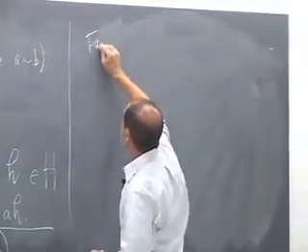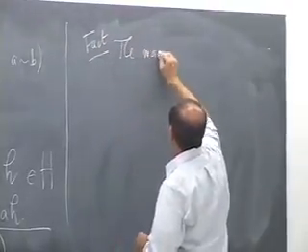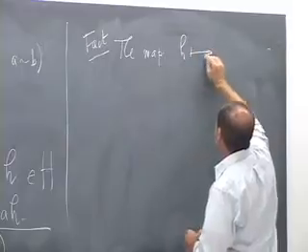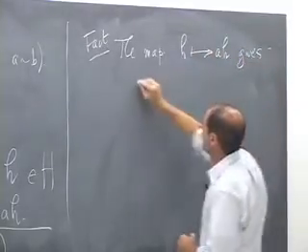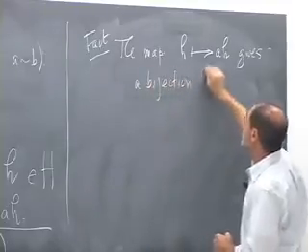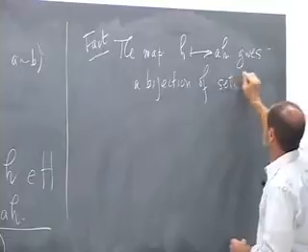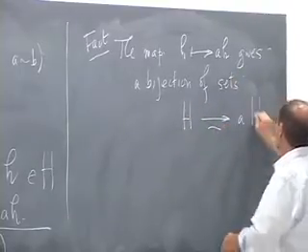Fact: the map H goes to AH gives a bijection of sets. H is bijectively identified with AH.